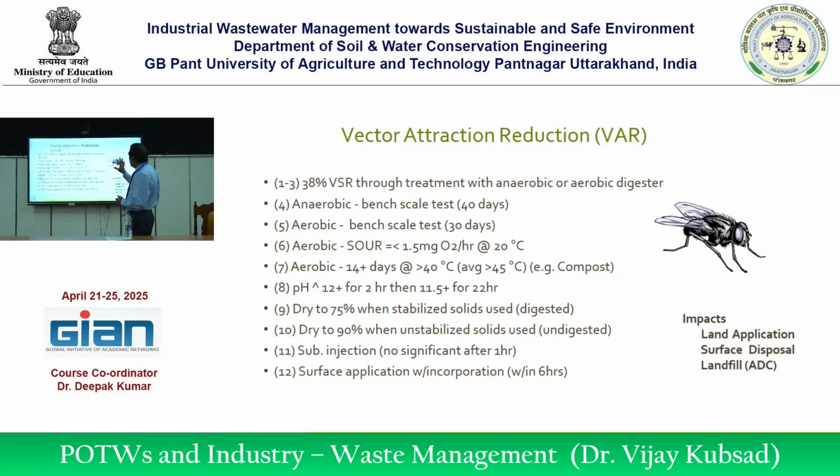So this slide gives a little understanding of the vector attraction reduction. There are different ways you can prevent and reduce it, but you cannot get rid of it, right?